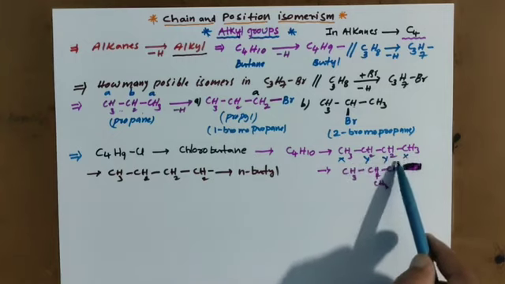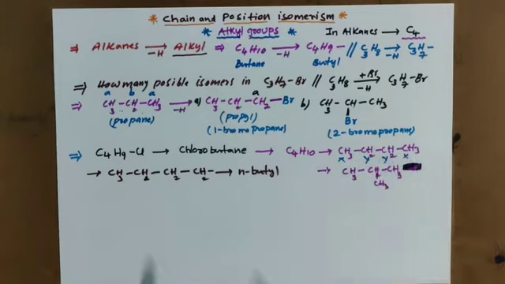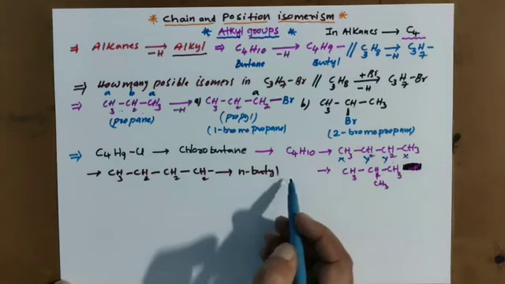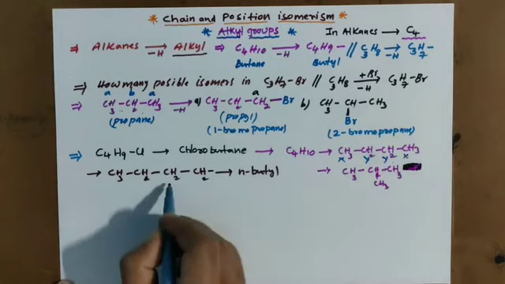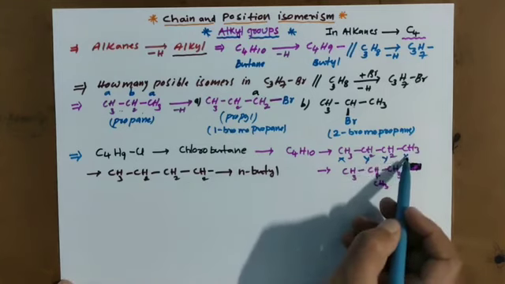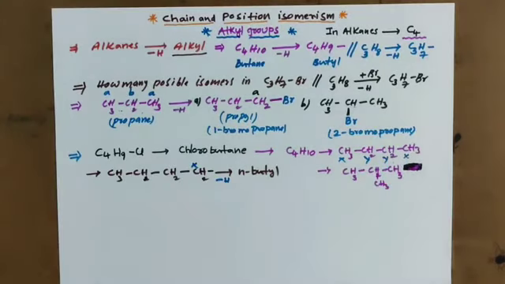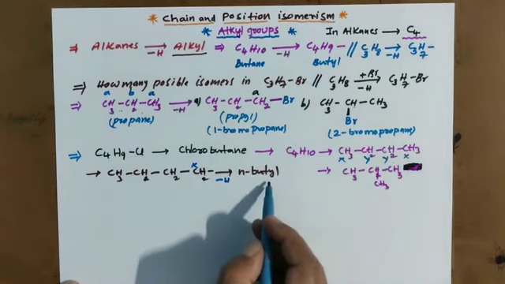Two types of carbons means n-butane can give two types of isomers. That is, I got n-butyl. Am I right? This time from X I removed a hydrogen atom, and I got n-butyl.